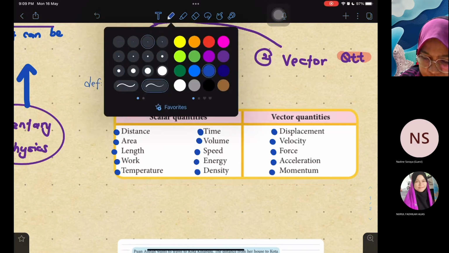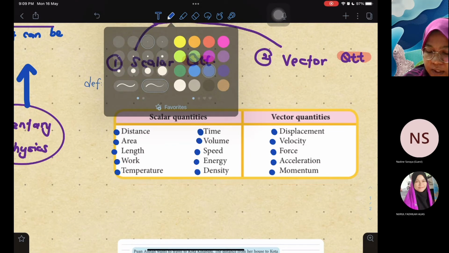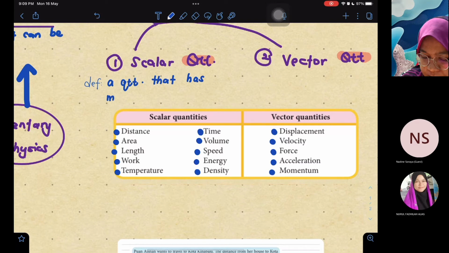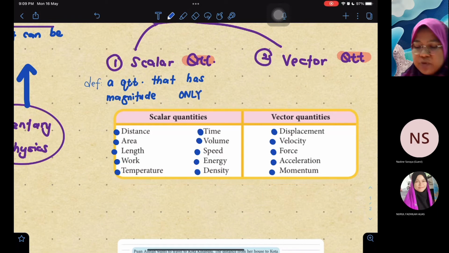Jadi what's the definition? So for skala quantity, kita kata dia adalah a quantity that has magnitude only. Saya tulis perkataan only itulah supaya sudah nampak. Oh, dia magnitude sahaja. Tapi kan students kadang-kadang tak tahu what is magnitude.